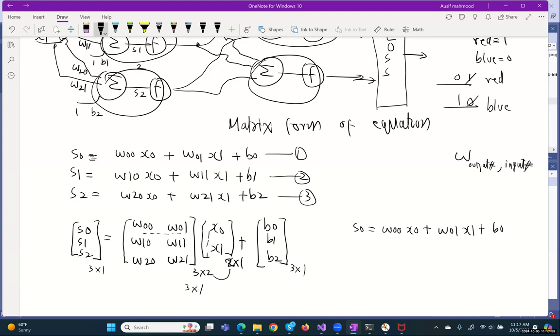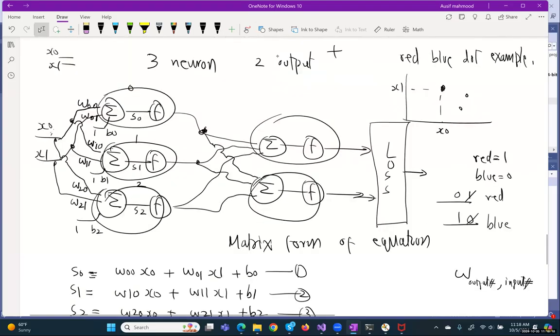So now rather than writing an individual element, what if I call this vector S? What if I call this matrix as W1? Okay. Reason I'm calling W1 is because I have one more weight matrix over here, which will be corresponding to these weights over here.